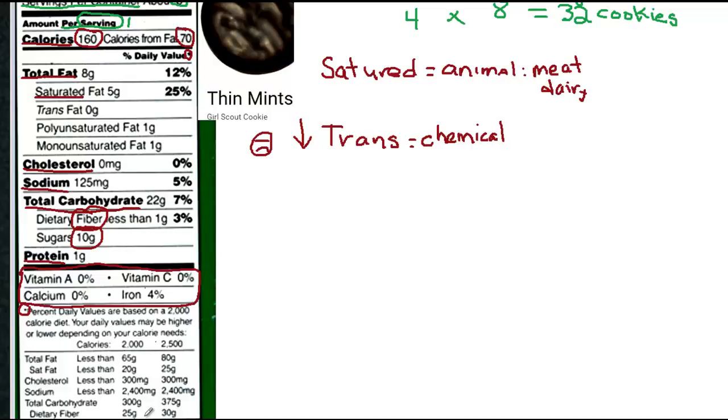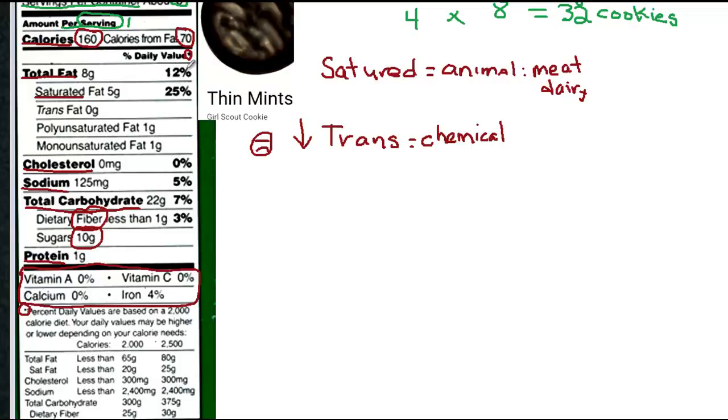You can find this information on the food. We can see here the fiber, the carbohydrates. It allows you to add up and change your diet. And this is expressed in terms of percentages. This means that 4 cookies contain about 12% of the total fat you should be eating in the day.